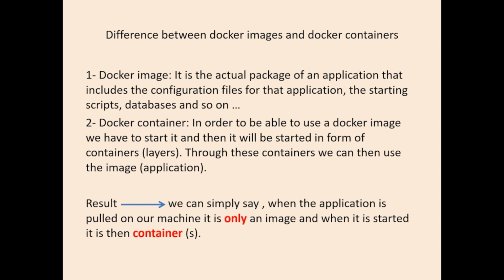When we start the Docker image, it will be started in form of Docker containers. Some of the guys say Docker layers. Both of them are true. So containers make it possible for us to use a Docker image. Without the containers, without these layers or Docker containers or Docker layers, we cannot use a Docker image.